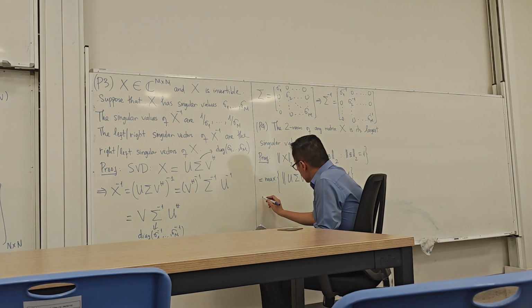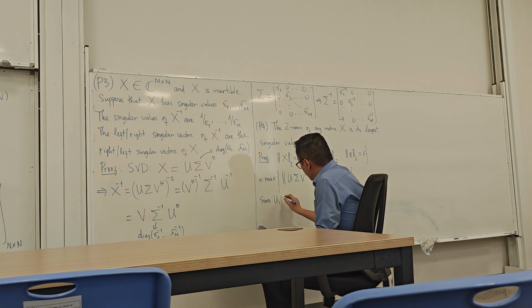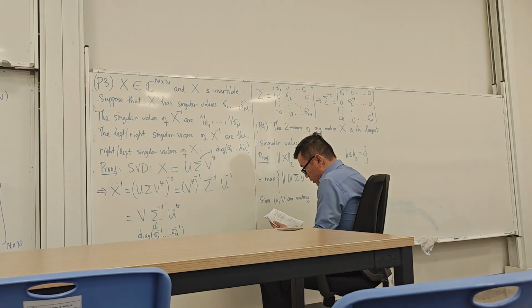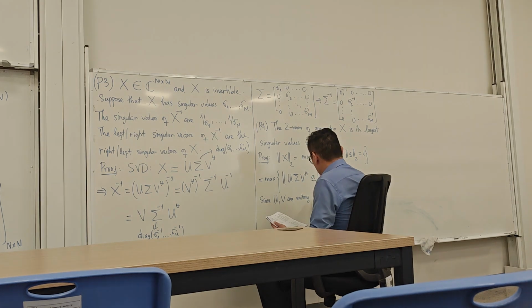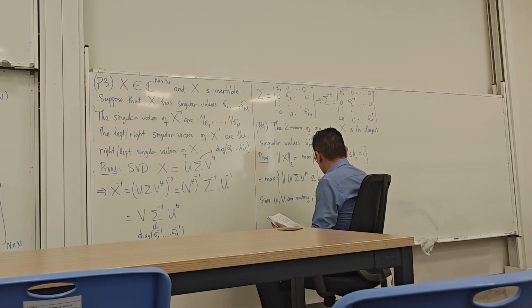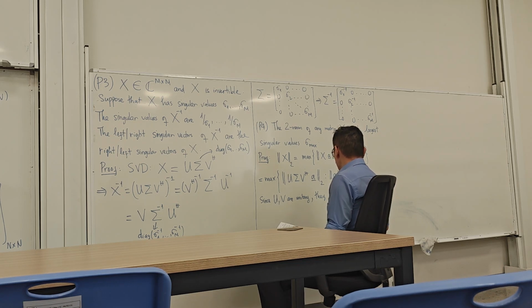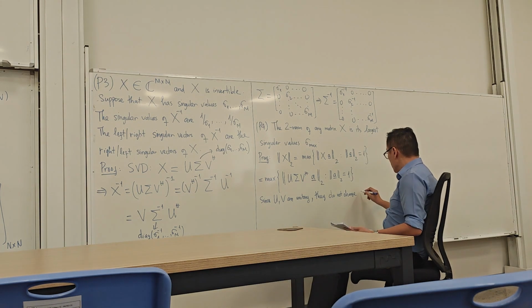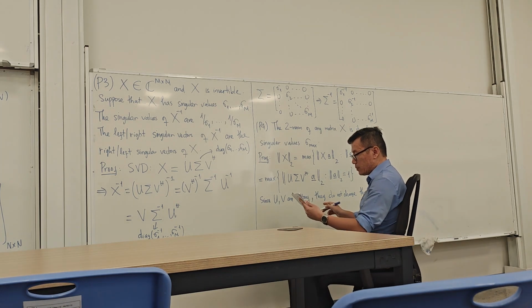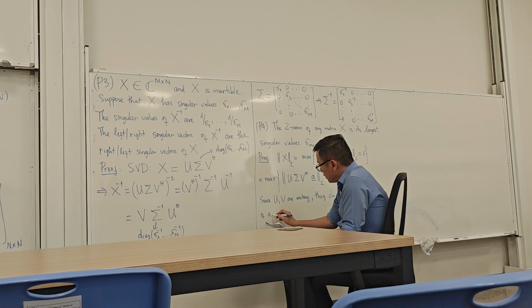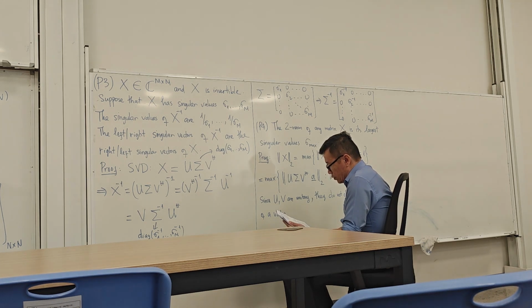Since U and V are unitary, they do not change the two norm of a vector.